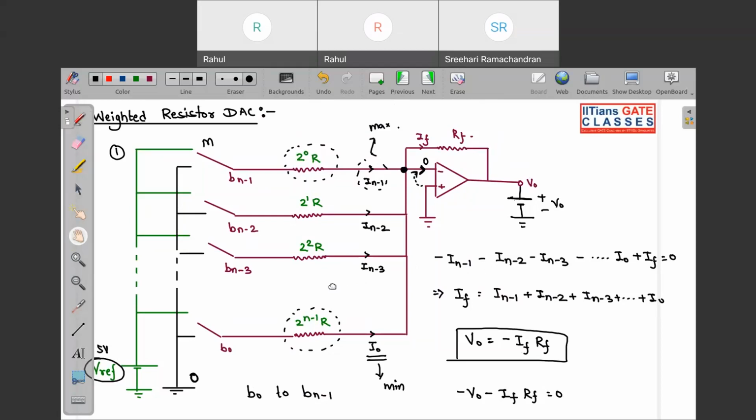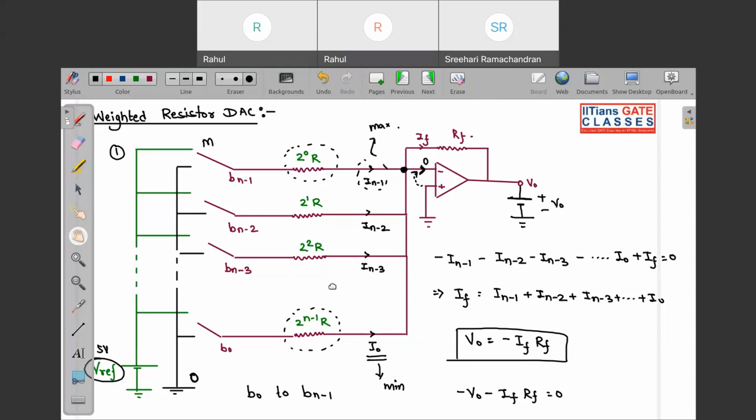One more thing, they might ask you what the drawback is in this weighted resistor DAC. Can you tell? Maybe using this number of resistors, higher resolutions are a problem. Yes, very good.